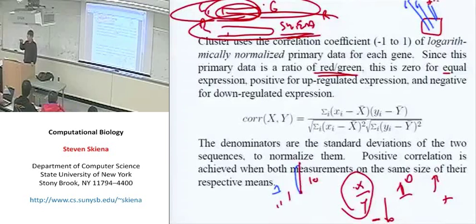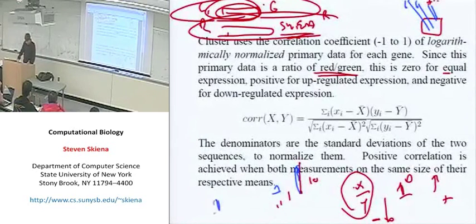Does everybody see that? So in order to not weird out your distance function by having the artificial notion that upregulated, you can get a bigger ratio than downregulated, that's why you needed to take the log, actually. Is that kind of clear? Okay.